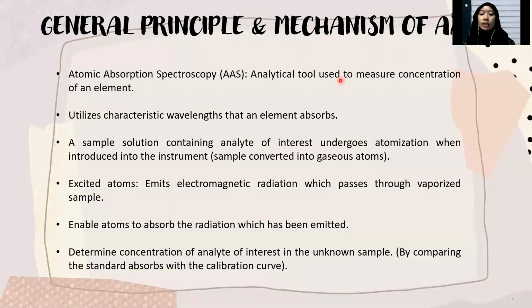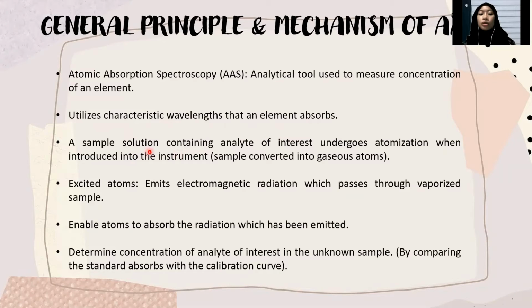Okay, now that each component has been explained, I will summarize the general principle and mechanism of AAS. AAS is a common analytical tool which is used in measuring the concentration of an element. It utilizes the characteristic wavelength at which an element absorbs.